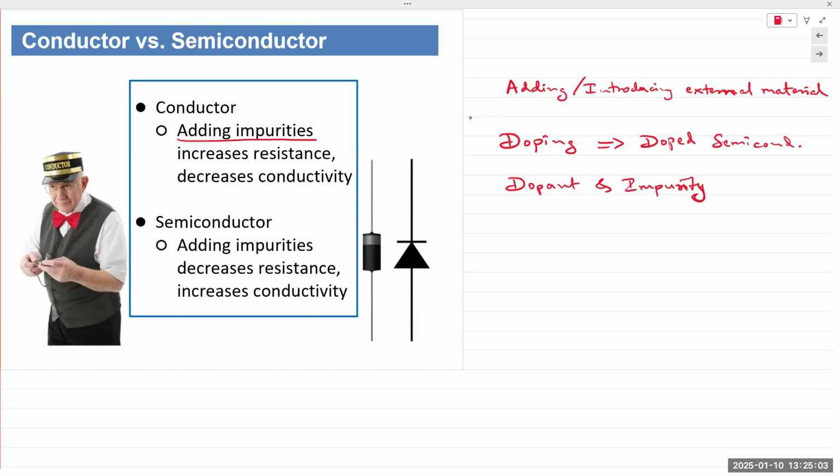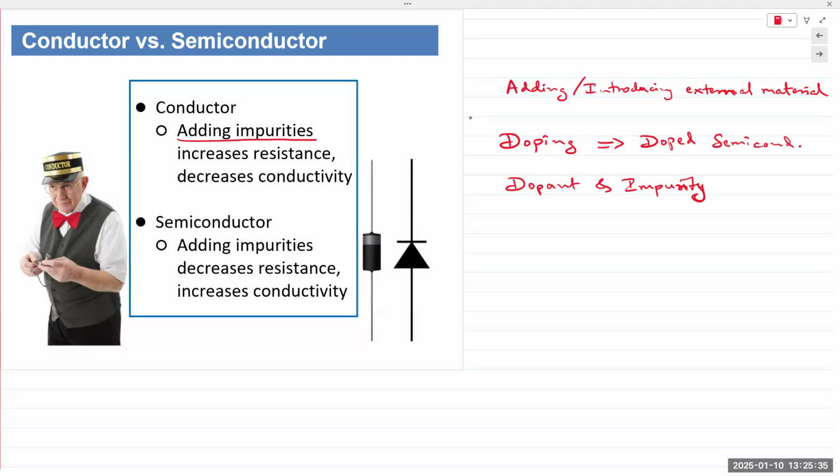You introduce more in there, but now the electrons that are free to move around are colliding with the external impurity dopants. And because of that collision, current flow is not as efficient. Okay, and because it's not as efficient, the net effect is that the resistance of that material has now increased. And hence, if you introduce some impurity in a conductor, it increases the resistance of that material.